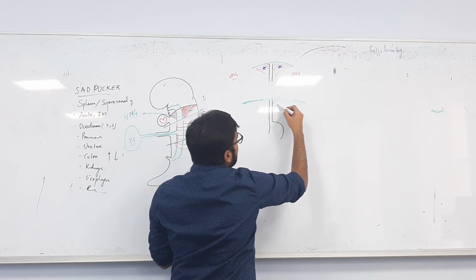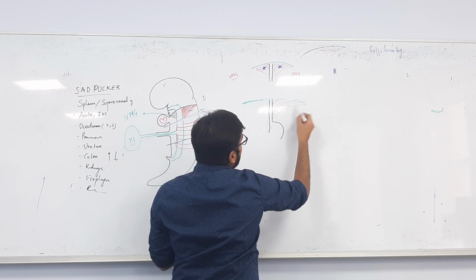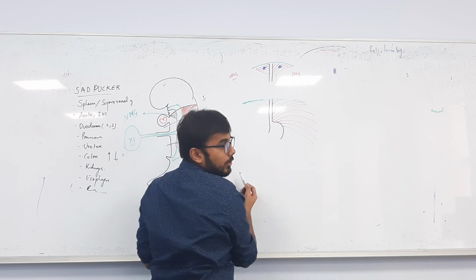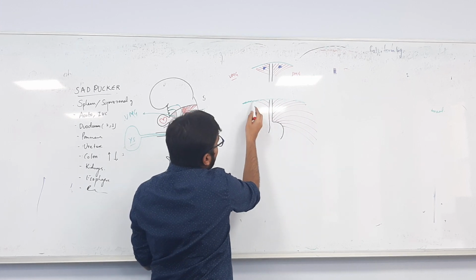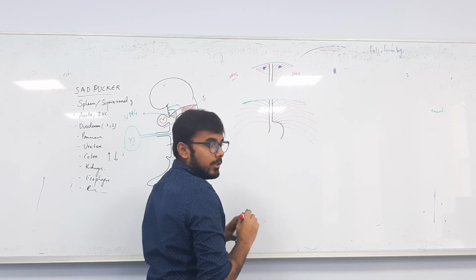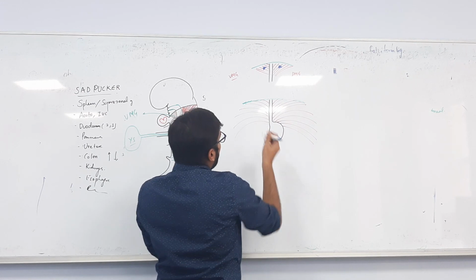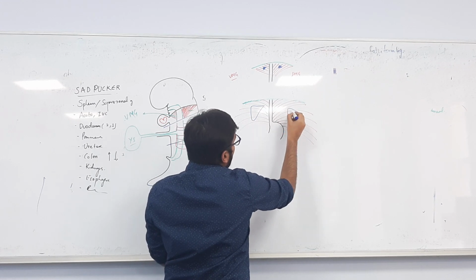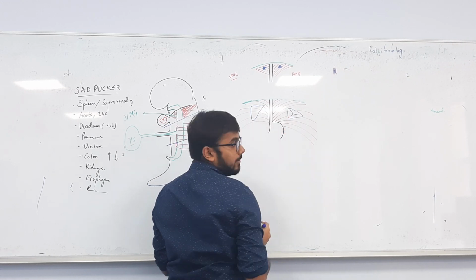The folds of dorsal mesogastrium start to increase. In the same way, the folds of ventral mesogastrium also start to increase. Clear? Now, slowly the liver takes its shape, and slowly the spleen also takes its shape.